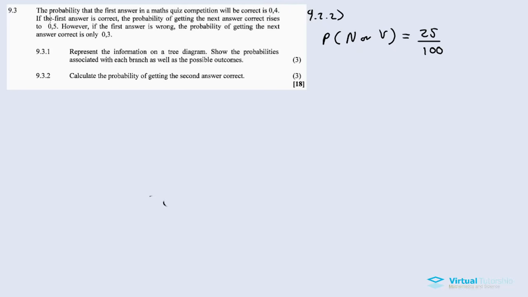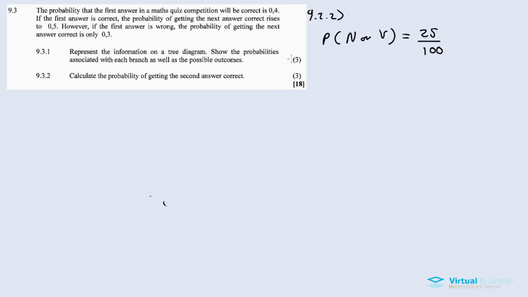If the first answer is correct, the probability of getting the next answer correct rises to 0.5. It's like saying 50%.